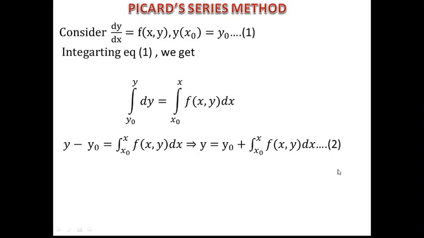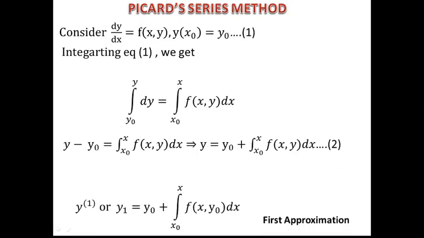We are going to obtain a first approximation, which we denote by y1 or y superscript 1, obtained by replacing the y over here by y naught. So the first approximation is y1 equal to y naught plus the integration from x naught to x of f of x, y naught dx. This is the first approximation to the values of y.